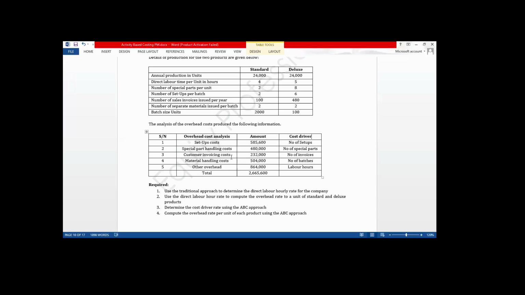What you have in the material shared is 386,000, but the correct figure should be 864,000.